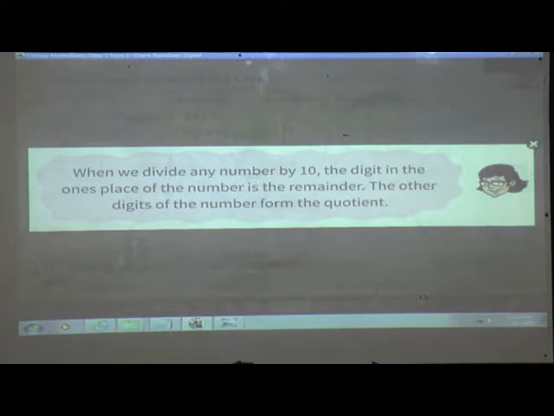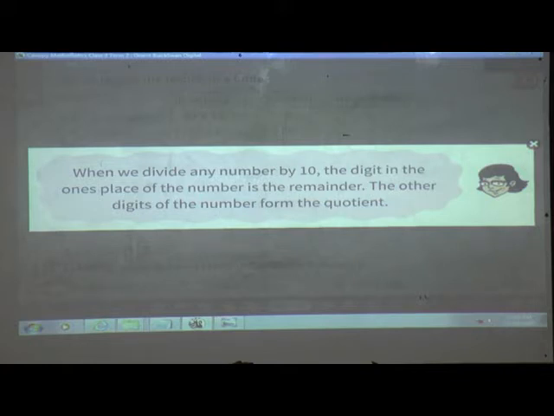Say along with me: when we divide any number by 10, the digit in the ones place of the number is the remainder. The other digits of the number form the quotient.